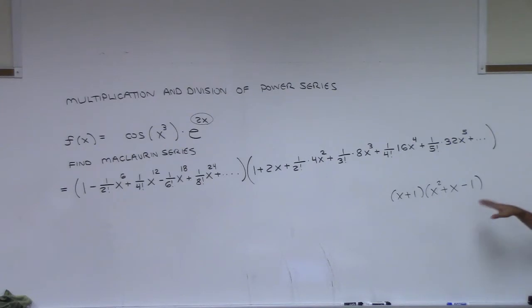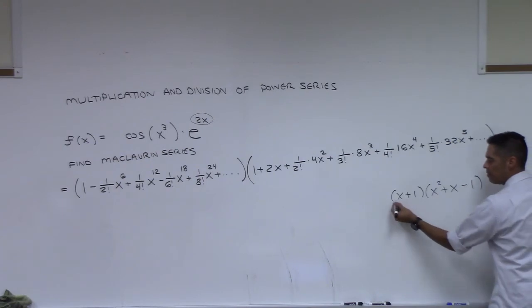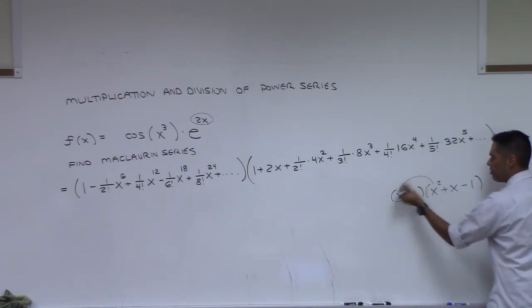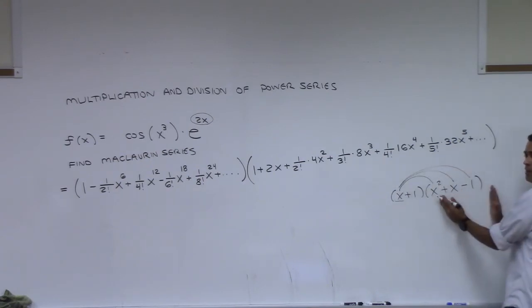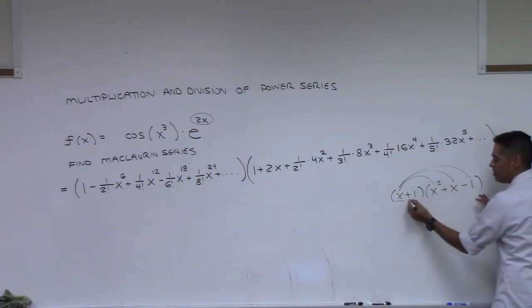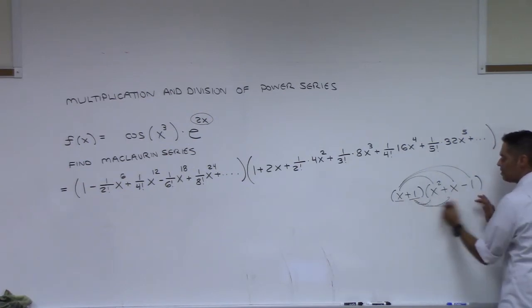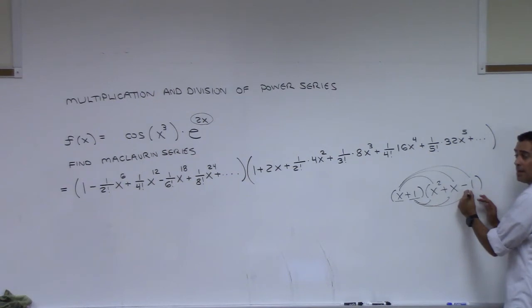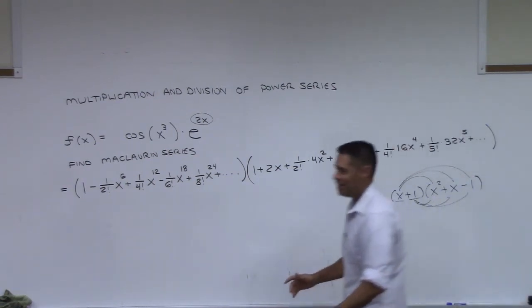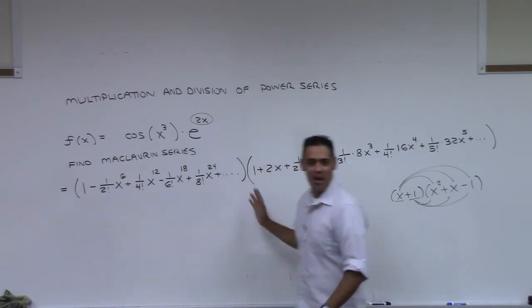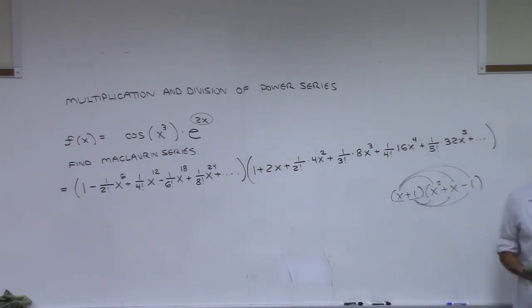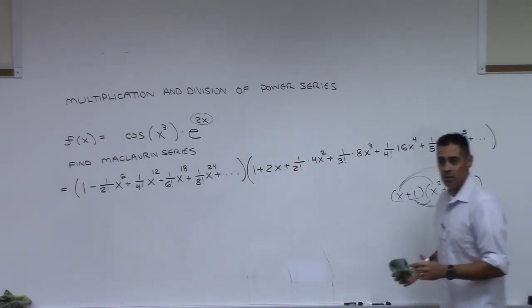The proper name for this is expansion. The technique is this: you start with the first term and distribute that through to every term over here, and then you move to the second term and distribute that to every term. Obviously there's an infinite number of terms, so we cannot do this forever, but we can at least get a feel for what it looks like.